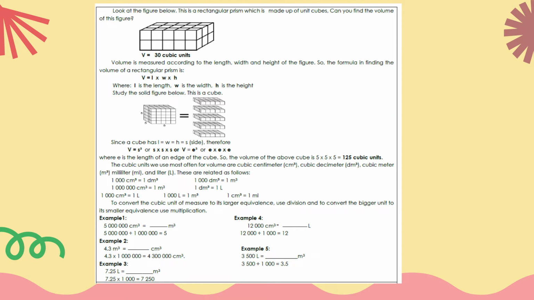So the volume of the above cube is 5 times 5 times 5 equals 125 cubic units.